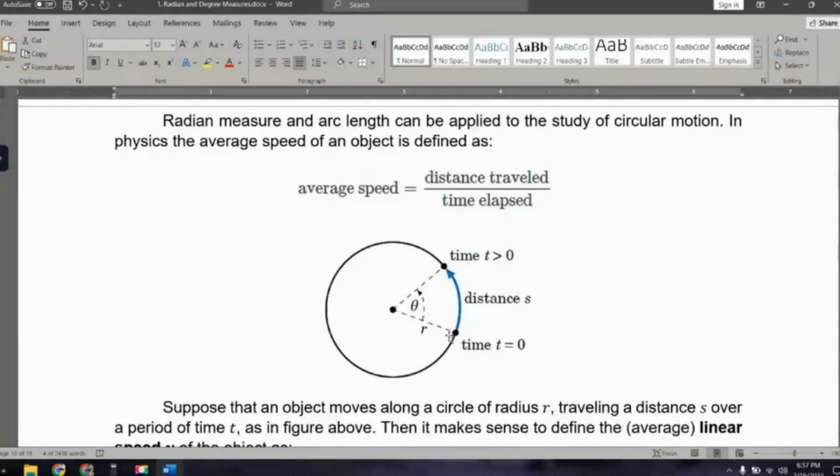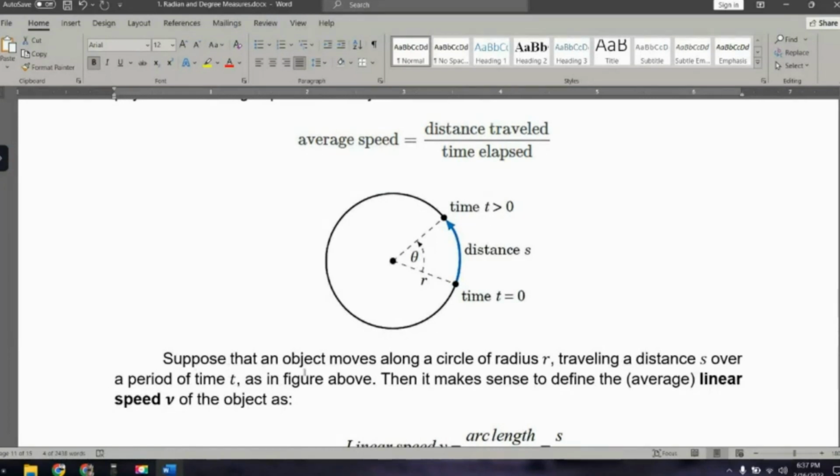Okay, and upon traveling a certain distance, there is already some time na nangyari. Ibig sabihin, nag-count na tayo dun sa time natin. So, it's a non-zero value. Okay?